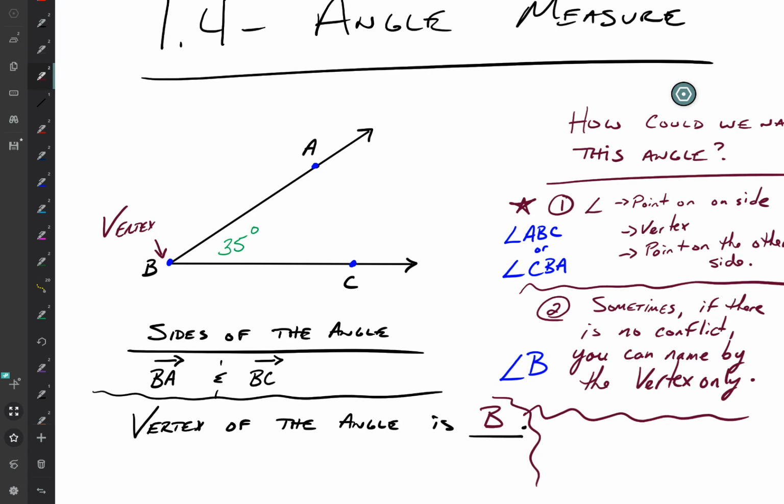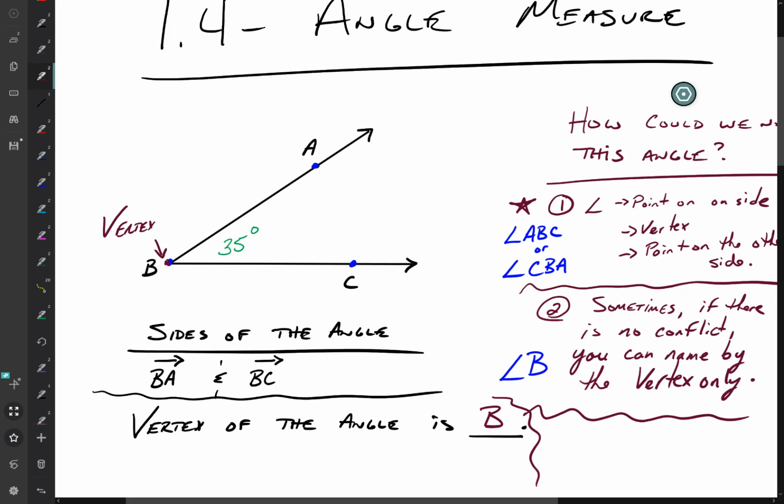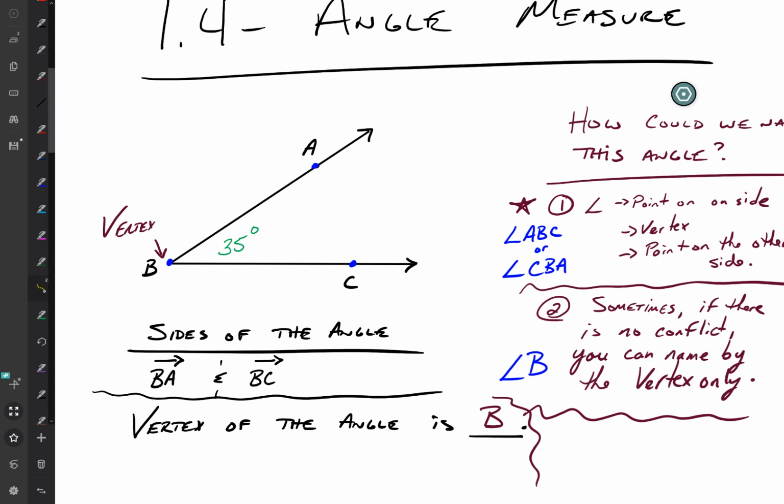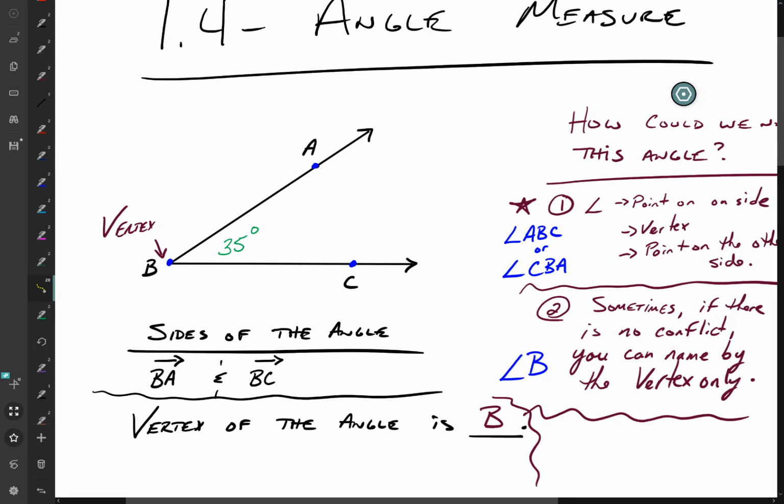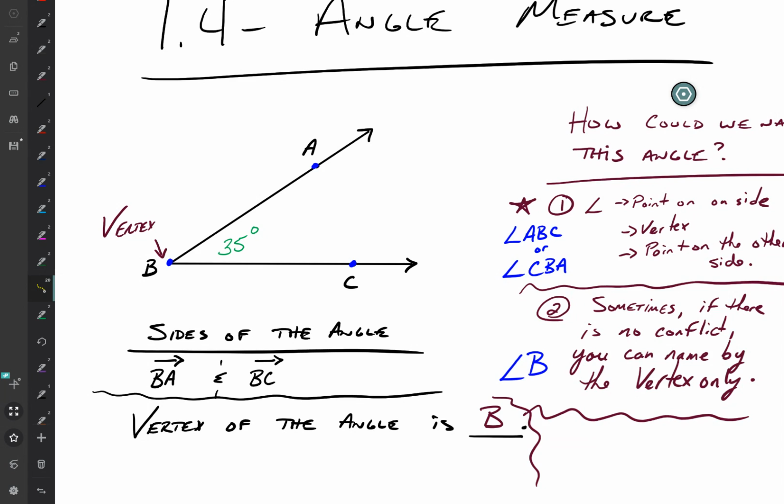Is there any other angle that has B as its vertex? What do you guys say? Yes or no? Put the phones up, everything up. I'd know exactly what angle you were talking about.